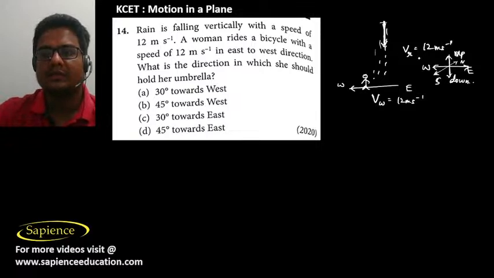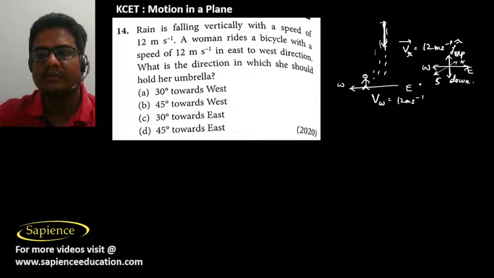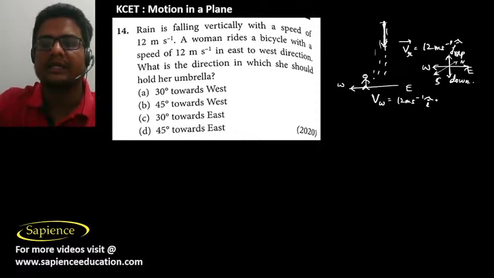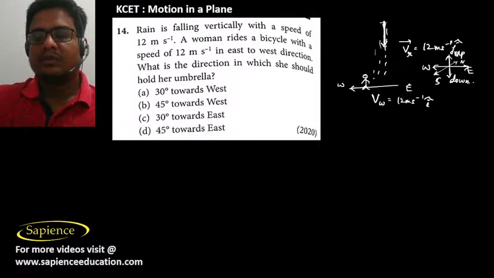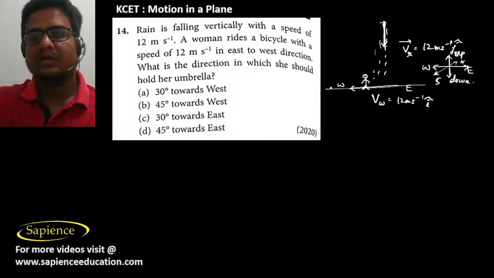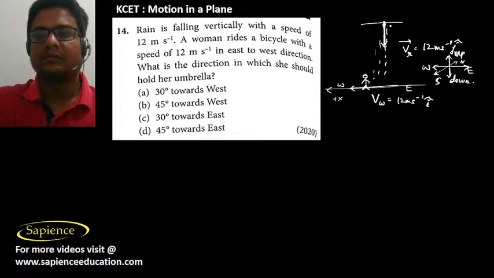So the velocity of the rain is 12 meter per second j cap, and the velocity of the woman is 12 meter per second i cap. So the direction towards the left we are taking as the positive x-axis, and vertically downwards we are taking as the positive y-axis.